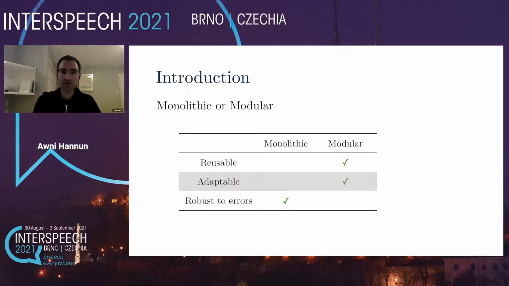In monolithic systems, one part of the system implicitly learns to be robust to errors from another part of the system. It's usually even hard to draw lines within the system, but if there are errors from earlier layers, say, of the neural network, later layers can learn to be robust to those.